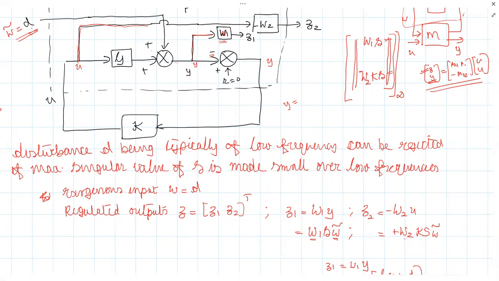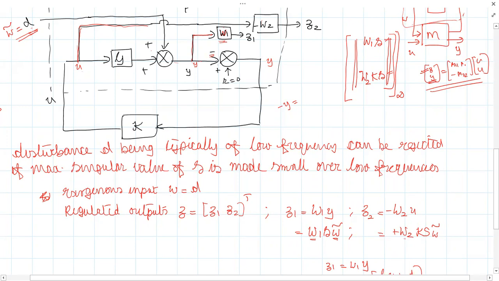So minus y will be D plus G u, because here r is 0 and you are getting a negative sign.